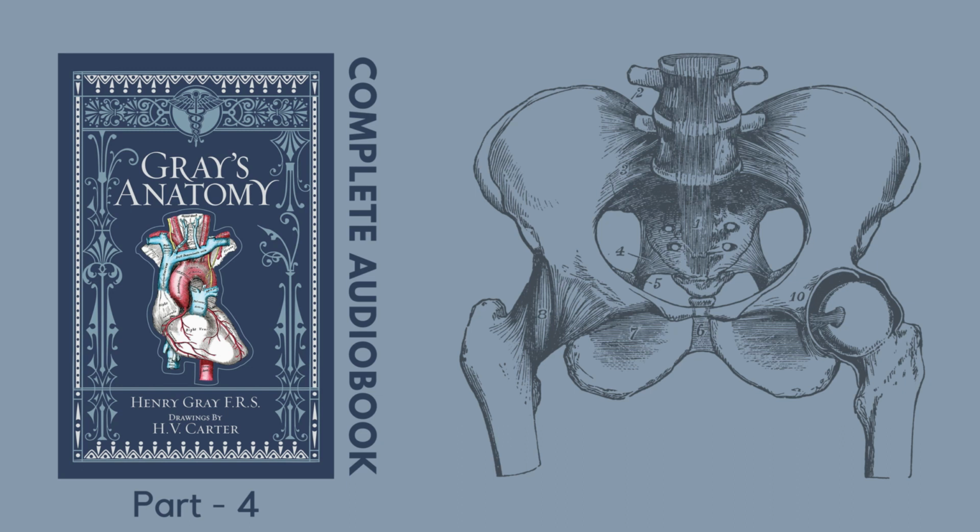The third cuneiform bone, os cuneiforme tertium, external cuneiform. The third cuneiform bone, intermediate in size between the two preceding, is wedge-shaped, the base being uppermost. It occupies the center of the front row of the tarsal bones, between the second cuneiform medially and cuboid laterally, the navicular behind, and the third metatarsal in front.